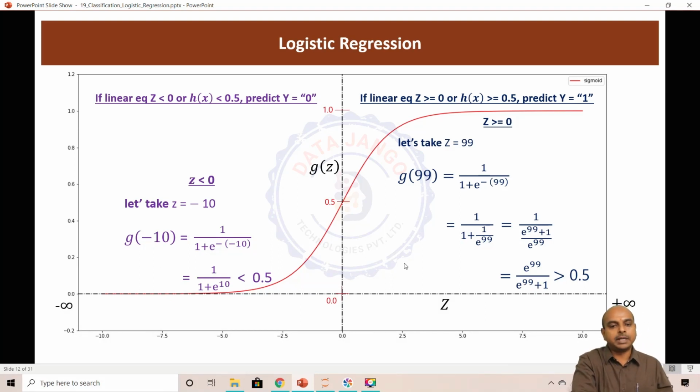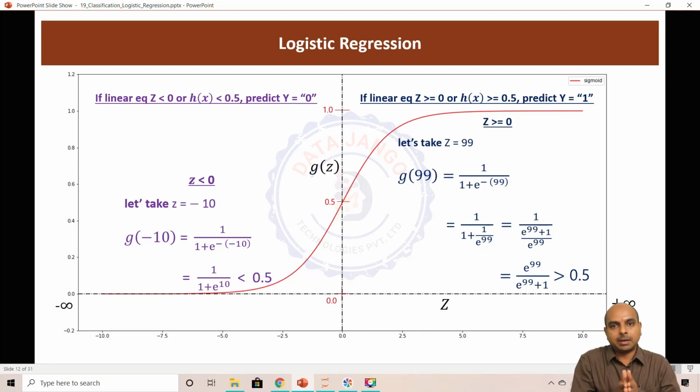And the second point is, when your linear equation's outcome is less than 0, the record belongs to the negative class, the 0 class. When the z value is greater than or equal to 0, the record belongs to the positive class. This is called a perceptron.